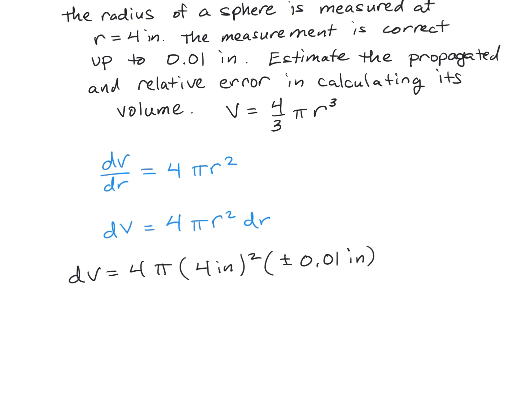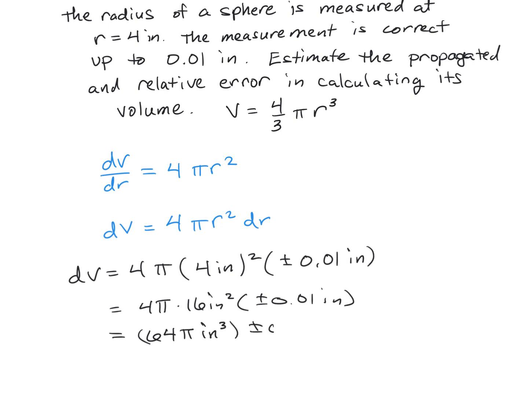So that's going to be equal to 4 times pi times 16 square inches times plus or minus 0.01 inches, which will be 64 pi times cubic inches with a plus or minus 0.01.